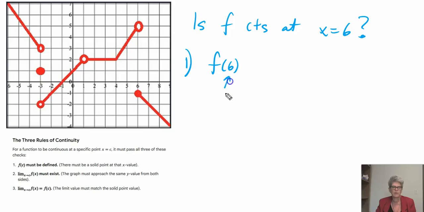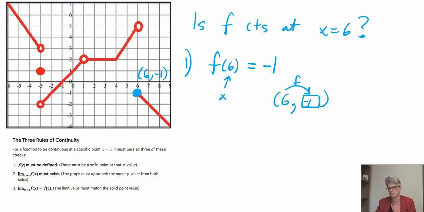I look for the point whose x-coordinate is 6, and if it exists, then f evaluated at 6 is going to be whatever the y-coordinate is. And you can see you have a point on the graph whose x-coordinate is 6. It's (6, -1). And so f evaluated at 6 is equal to -1. Okay, so the first part holds.